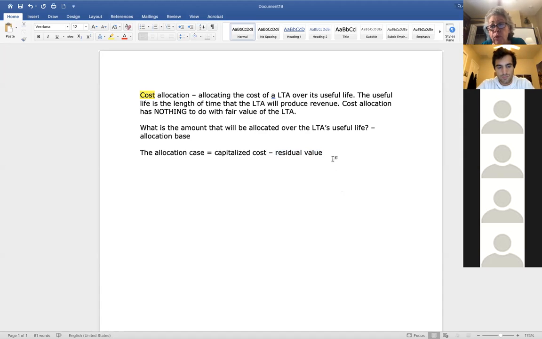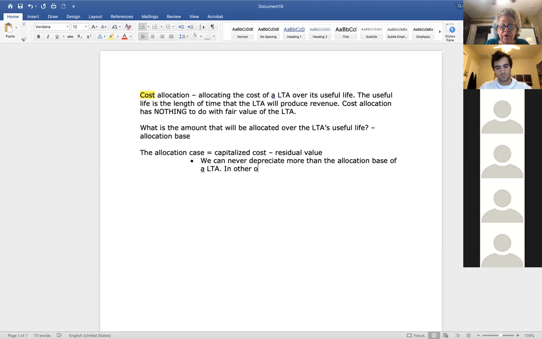Now, some very important concepts about the allocation base. One is we can never depreciate more than the allocation base of a long-term asset.